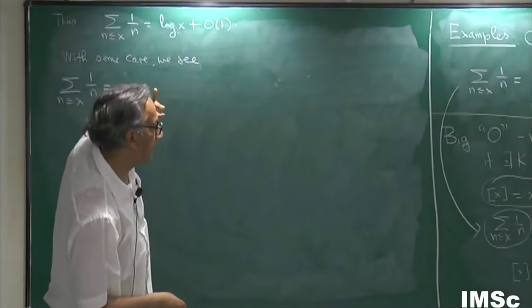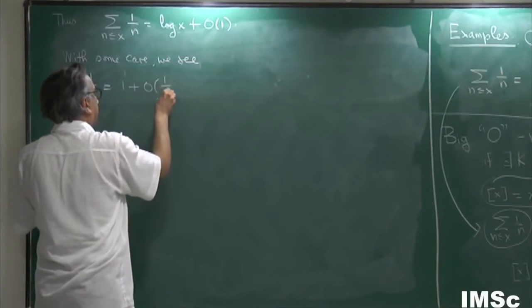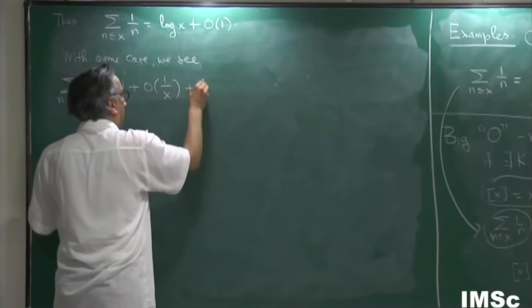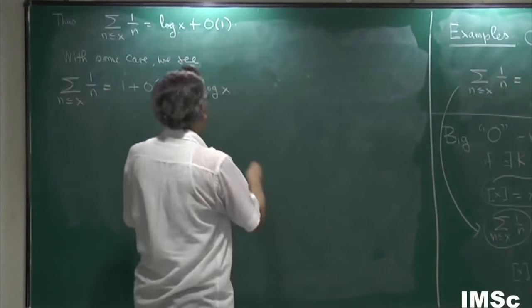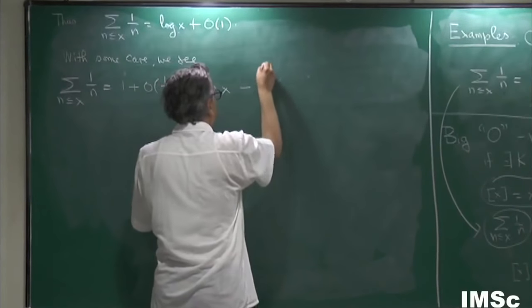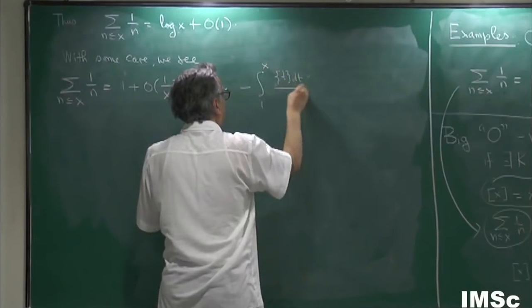I can't see on the board. Okay, 1 plus O of 1 over x plus log x minus the integral from 1 to x of fractional part of t dt over t squared.